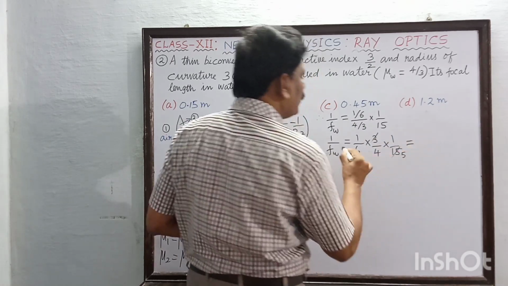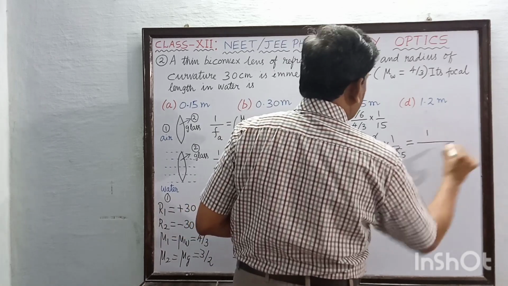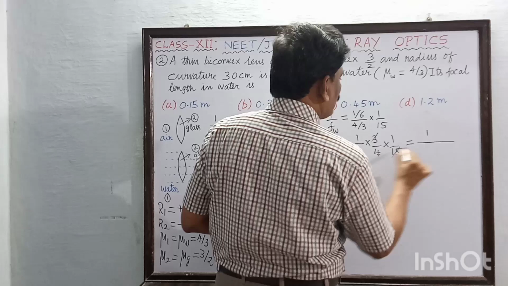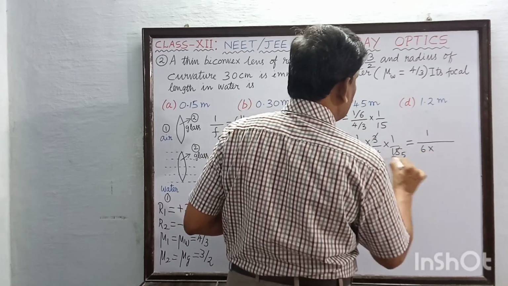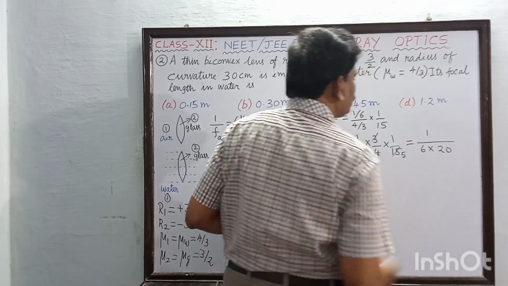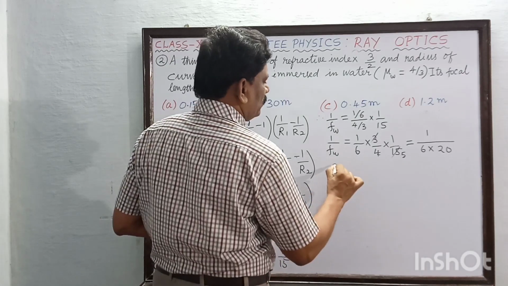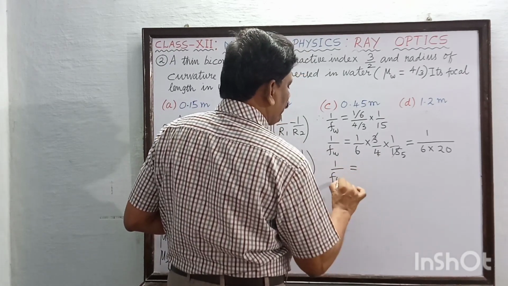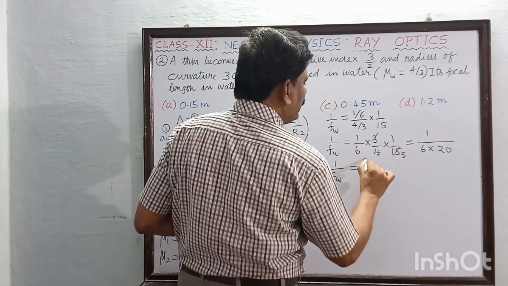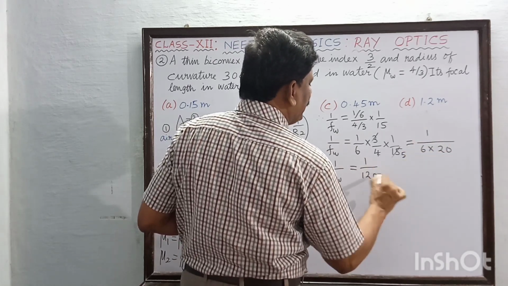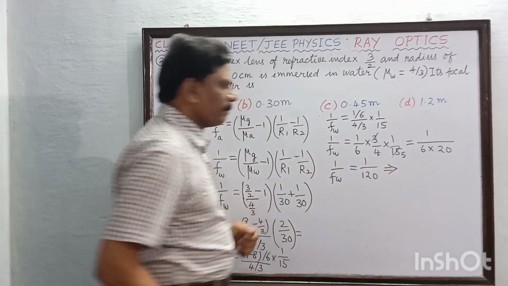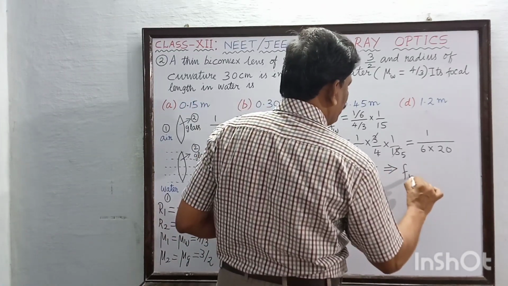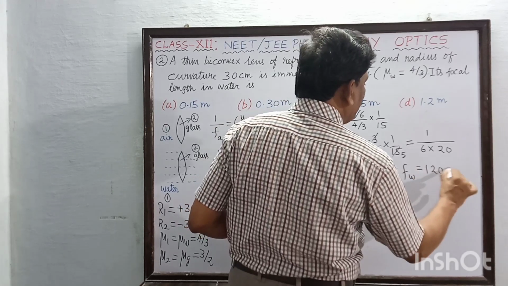So this is equal to 1 divided by 6 into 20, since 5 4s are 20. So 1 by Fw is 1 by 6 into 20, which is 1 by 120. After taking the reciprocal, Fw is equal to 120 centimeter.